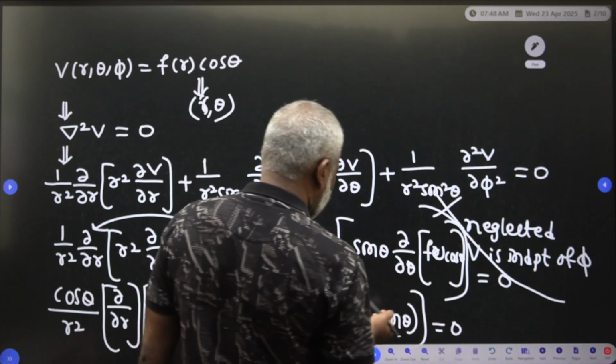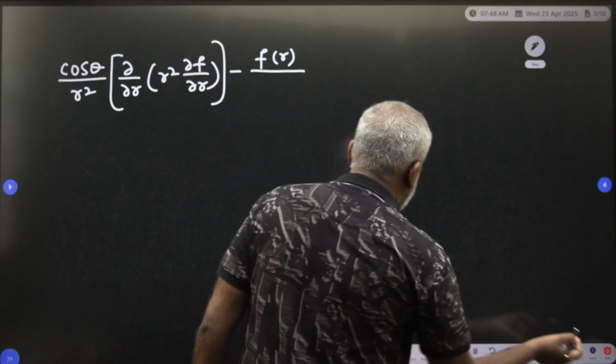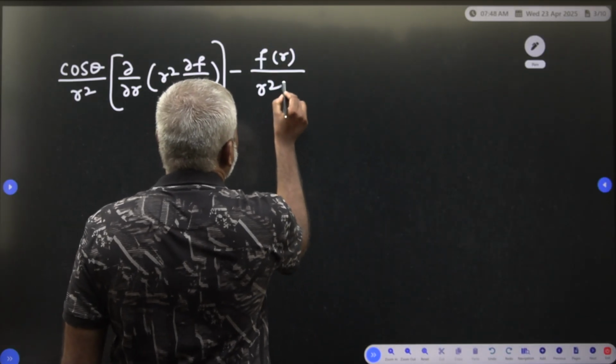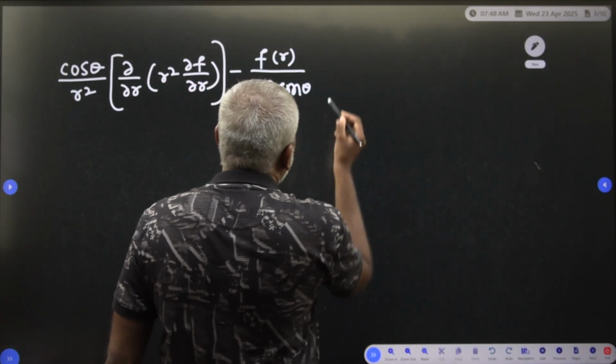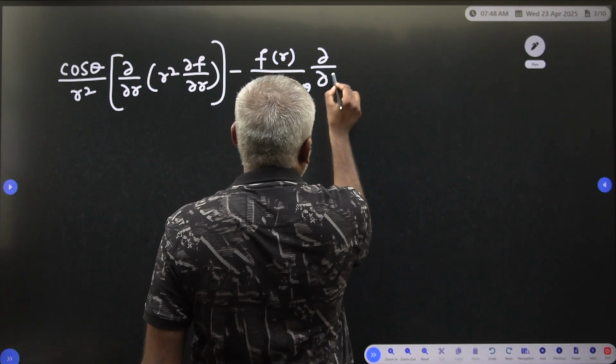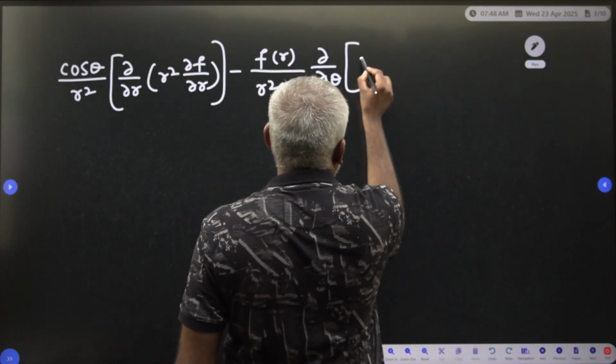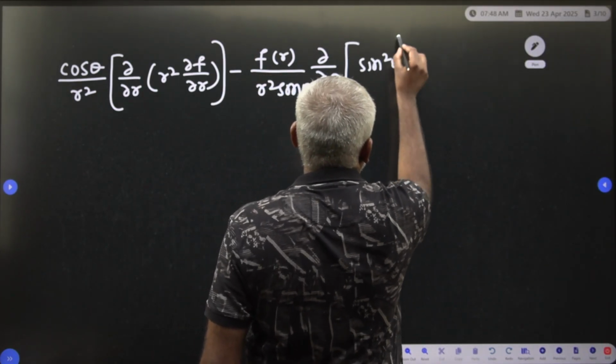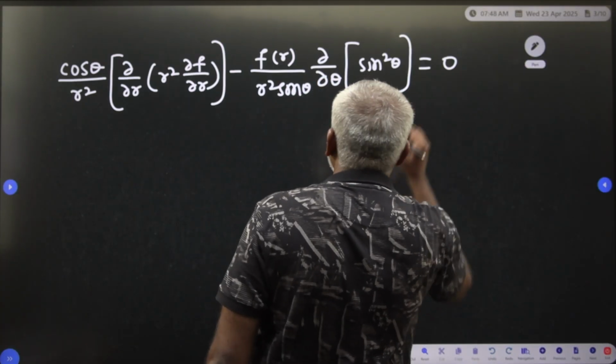F of r divided by r square into sin theta, r square into sin theta, ∂/∂θ of sin theta sin square theta, which is equal to 0.